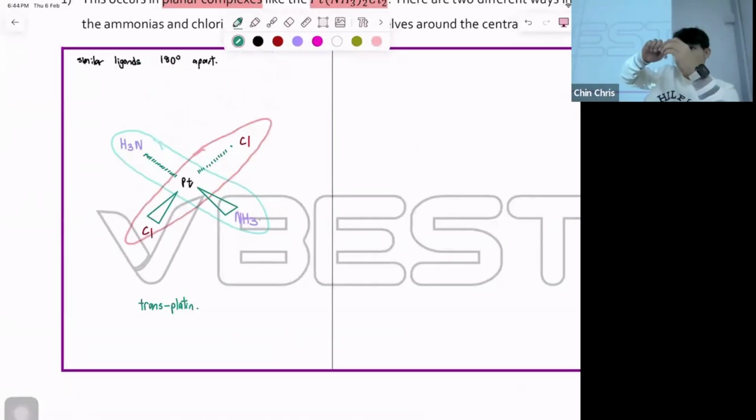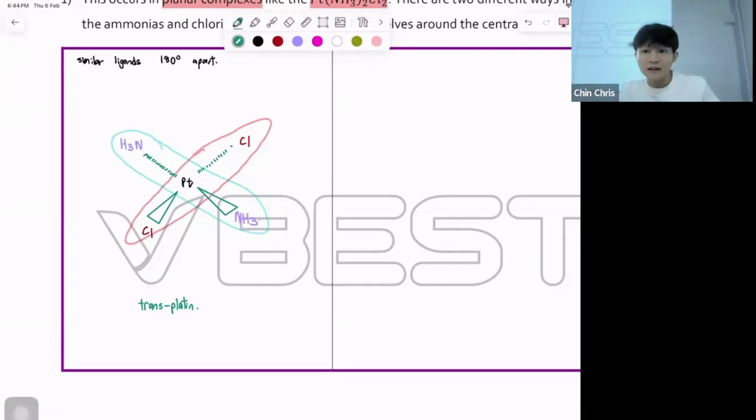Or we can swap them. If you swap them now, if you look at my structure, do you see that similar ligands are 90 degrees apart? Similar ligands 90 degrees apart, that's a cis. No matter how you rotate it, similar ligands are 90 degrees apart.